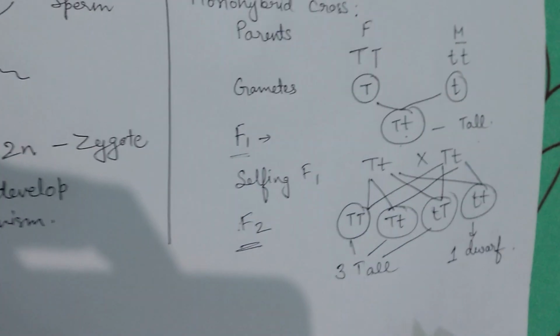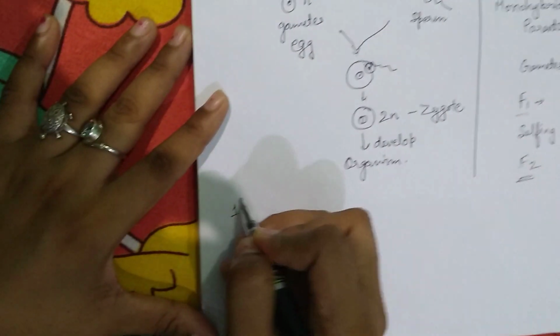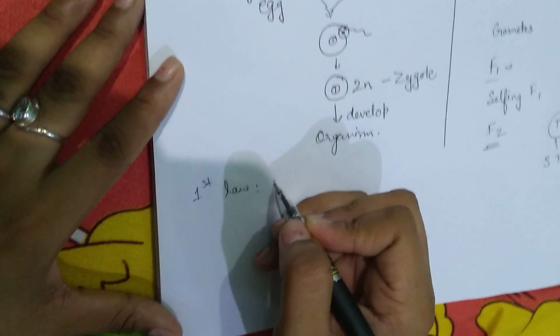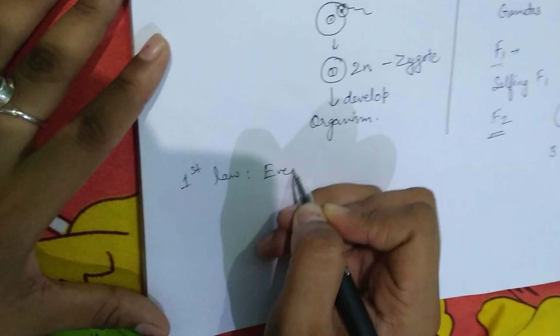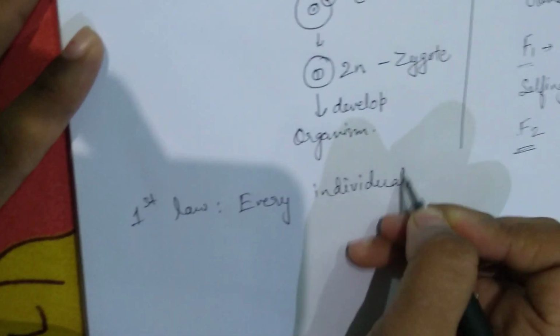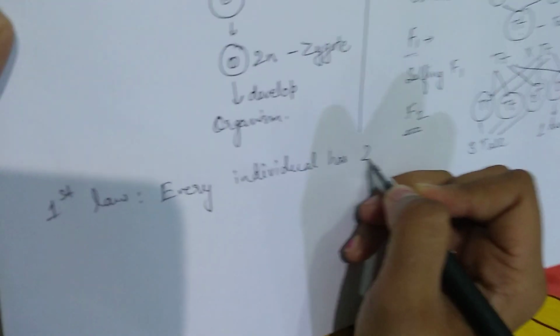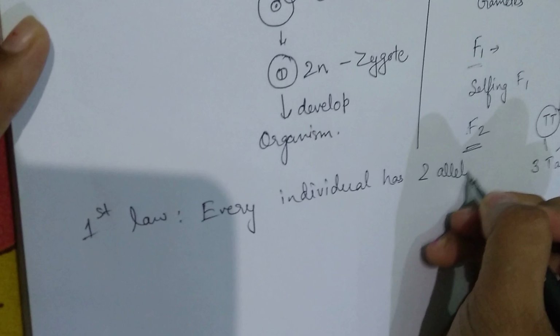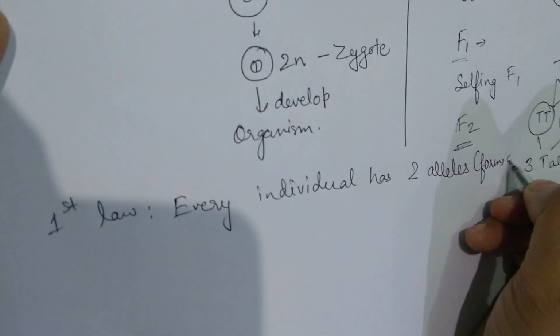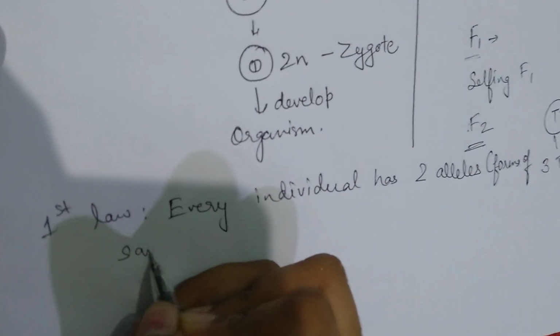With this experiment, in the first law, Mendel proposed that every individual has 2 alleles. Alleles are forms of the same gene.